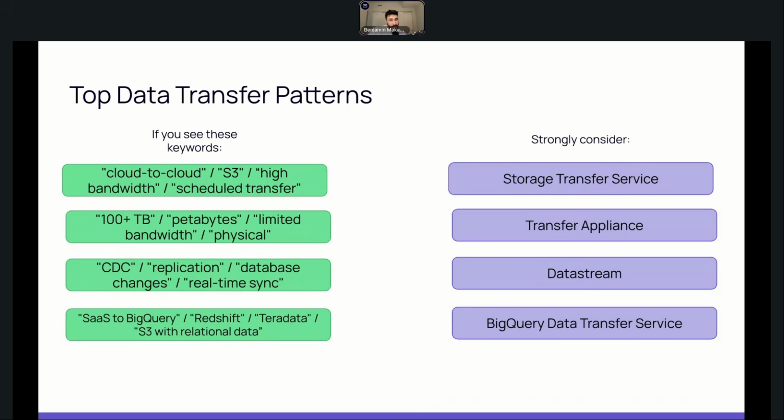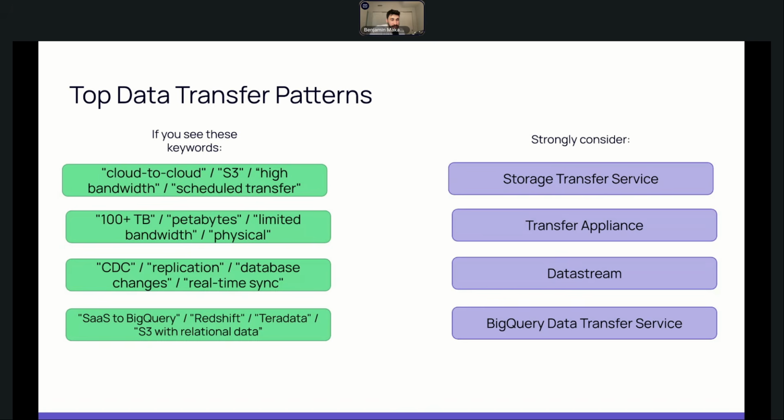If you're doing an absolutely massive transfer, think of Transfer Appliance. Or if it mentions wanting to actually put the data on something physical, that's when you want to use the Transfer Appliance, order that, put all your data on that appliance and then ship it back to Google.